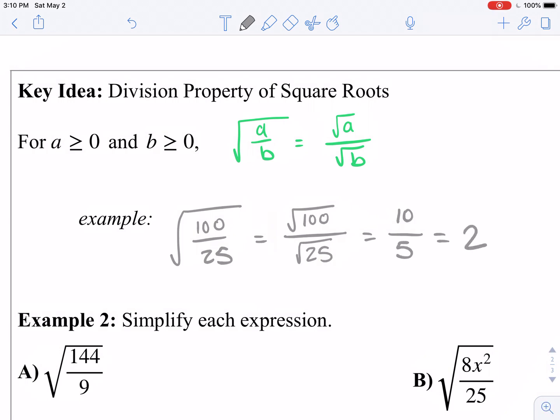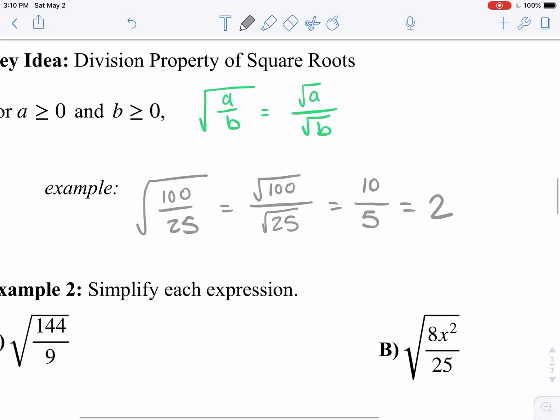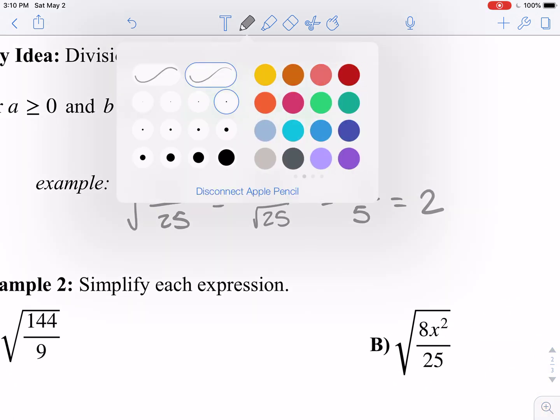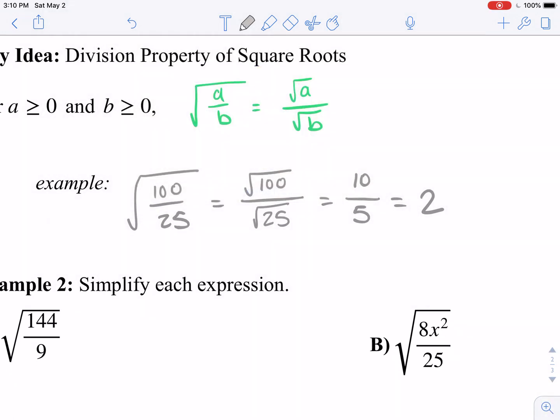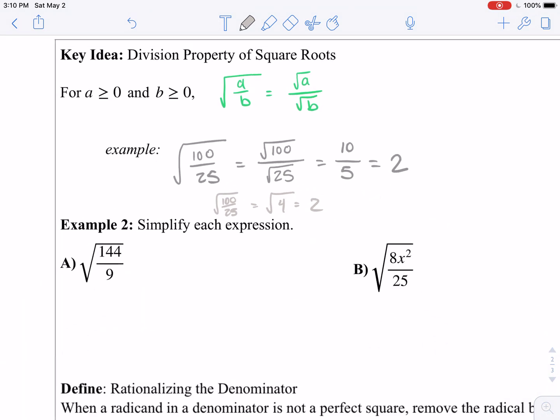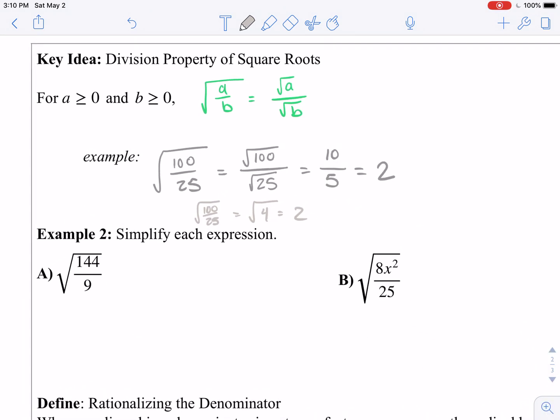Done. Or you could check this out from the beginning and say, wait, the square root of 100 divided by 25, well, 100 divided by 25 is 4. So that's the square root of 4, and the square root of 4 is 2. So it works.